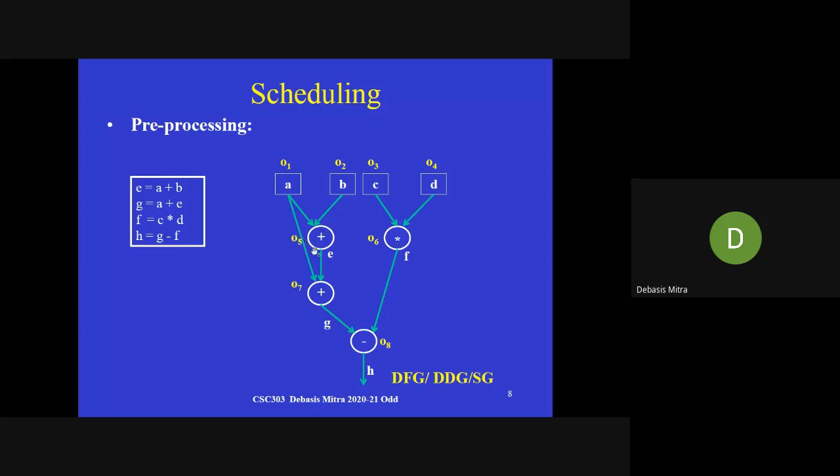If you have dedicated hardware for addition and multiplication, or dedicated CPUs, these two operations can be evaluated concurrently at the same time step, that means time step 1 or level 1. Similarly, this second statement can only be evaluated at time step 2 or level 2, and finally the fourth statement can be evaluated at time step 4 or level 4.